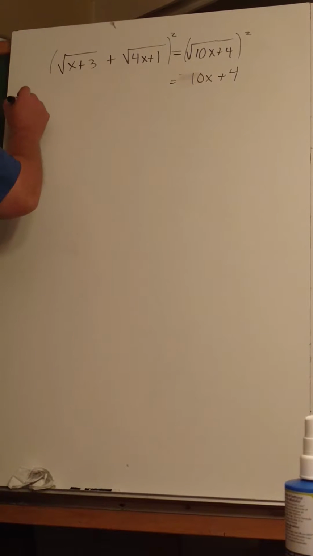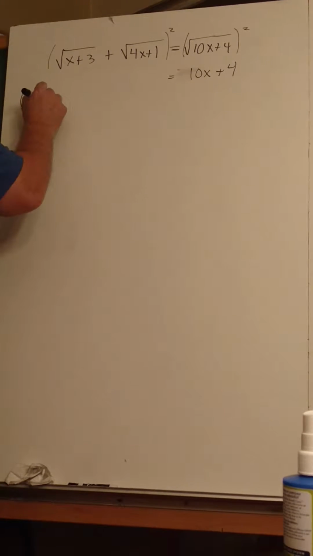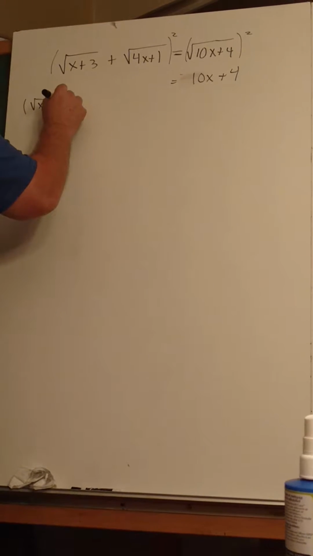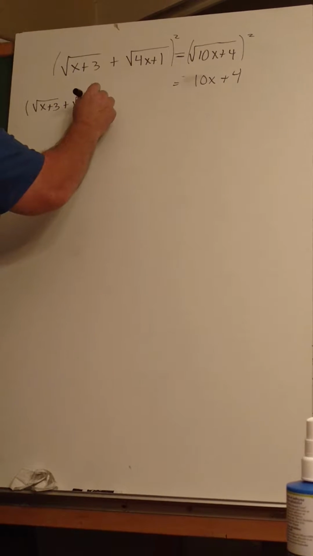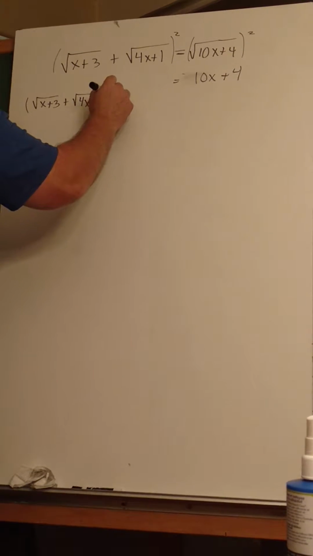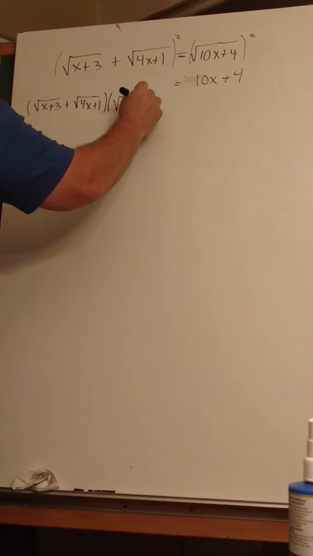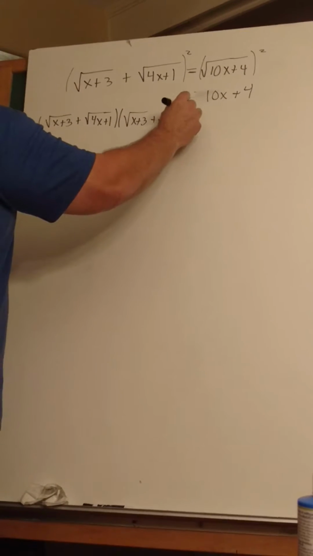Alright, so if I square this, I'm going to just rewrite this: x plus 3 plus square root of 4x plus 1 times square root of x plus 3 plus the square root of 4x plus 1.